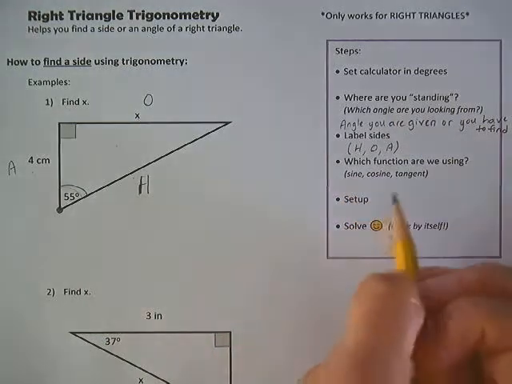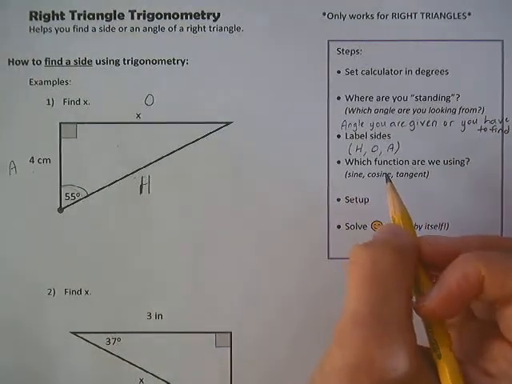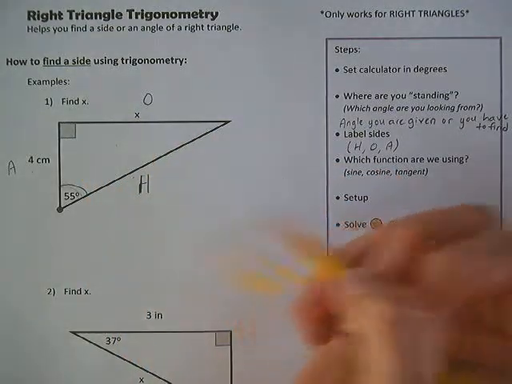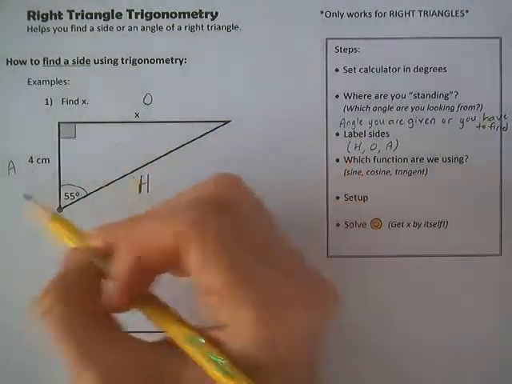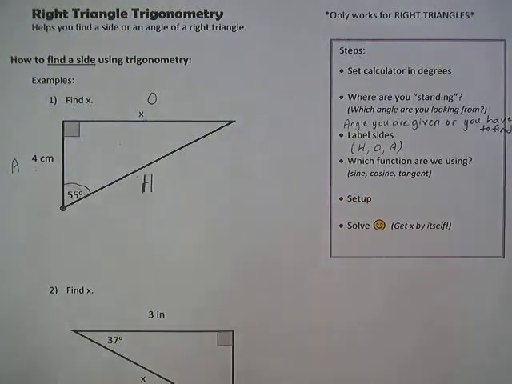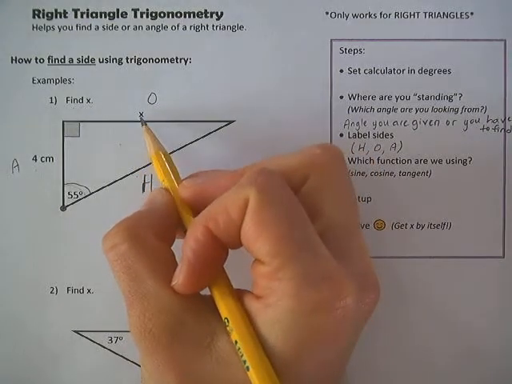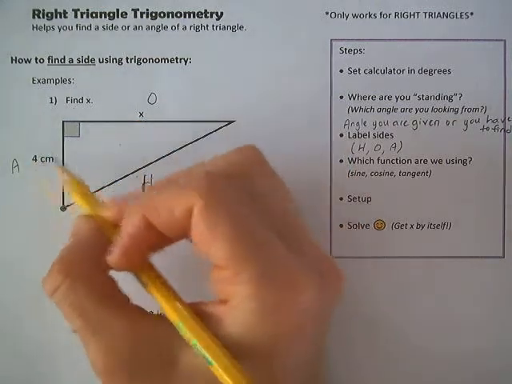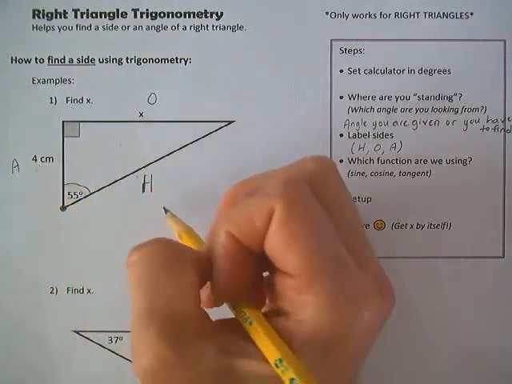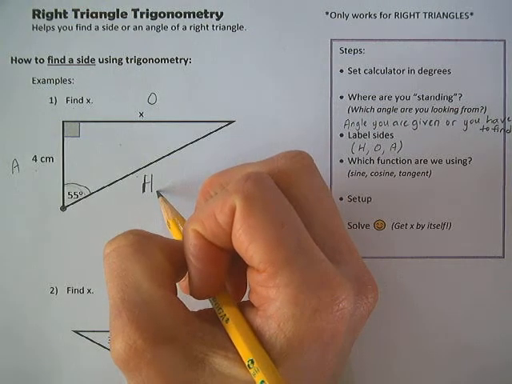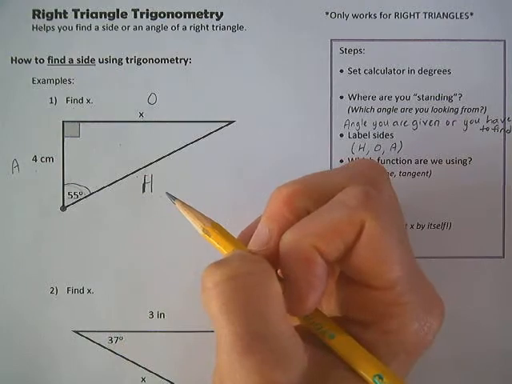So most of the time, the function that you use, you're going to have to start by getting rid of one of your sides, all right? And so to do that, look at the one that you do not have to find and the side that you don't have any information about. That's the one you get rid of. And so notice, because we have to find this side, and we know something about this side, this one would be the one that we don't need because we don't have to find it and we're not given information about it.